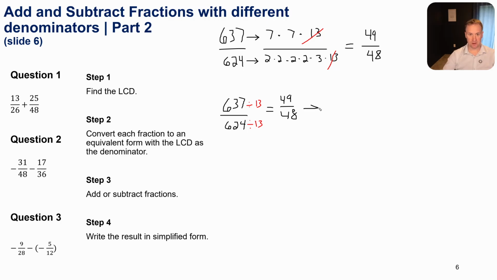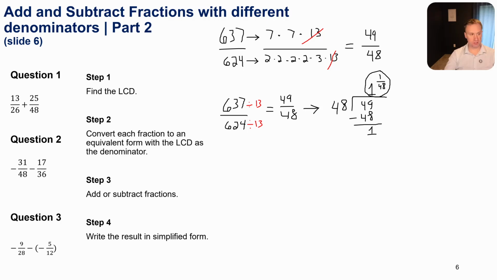In terms of a mixed fraction, if I was to divide 48 into 49, 48 goes into 49 one time. 1 times 48 is 48. 49 minus 48 is 1. 1 is now my numerator, and 48 stays my denominator. Okay, so that's the mixed fraction form for that problem.